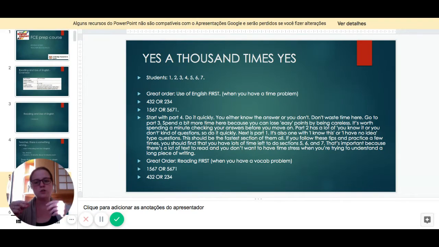So do the use of English while your brain is sharp, because the reading is tiresome, okay? But if you have a vocabulary problem, like, I should know these words, but I don't know, then start with the reading, because it's going to be a big input of vocabulary for you, okay?